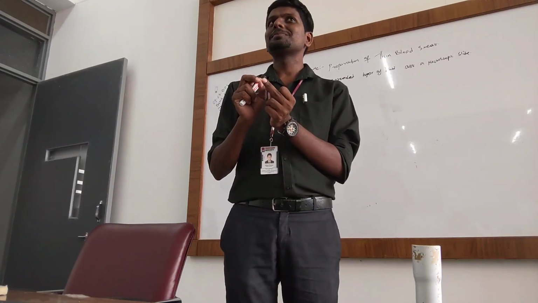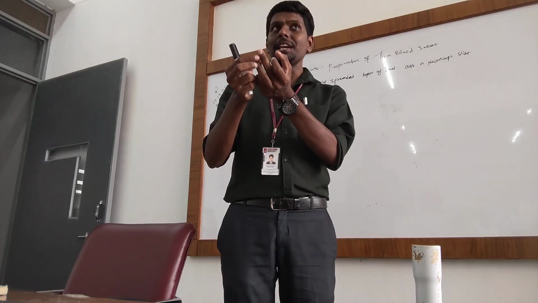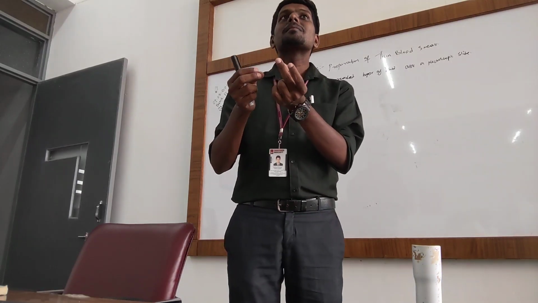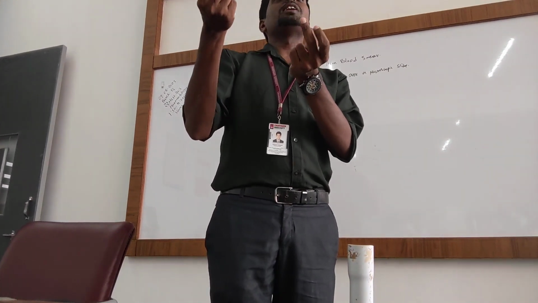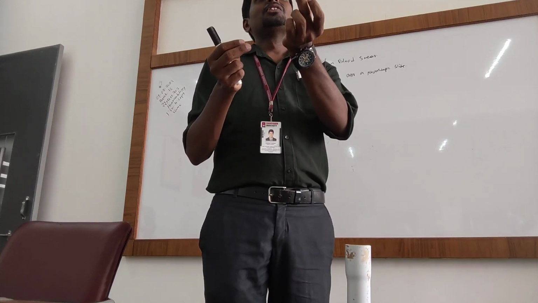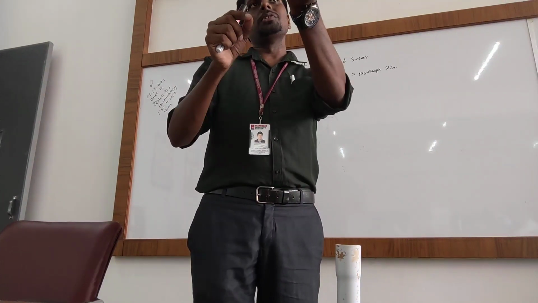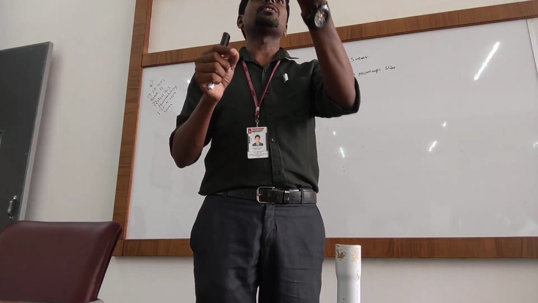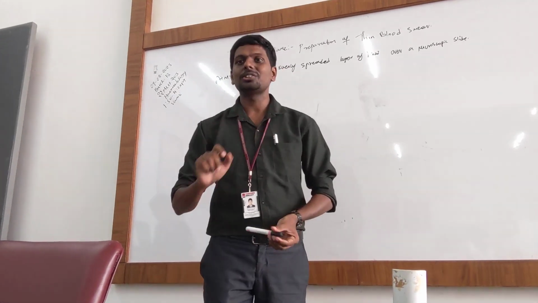Directly you will prick. Clean the tip of the finger, then with the help of clean sterilized lancet you will prick, then first drop will be discarded with cotton, then second time you will squeeze, you will get the blood. So that will be collected, okay? Write down. Very good guys, very good.